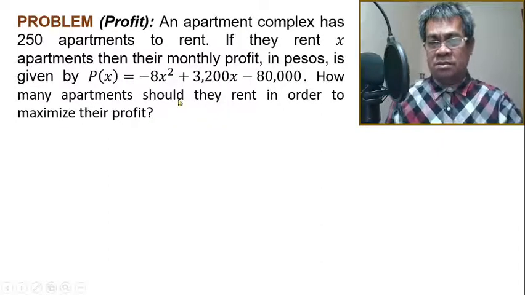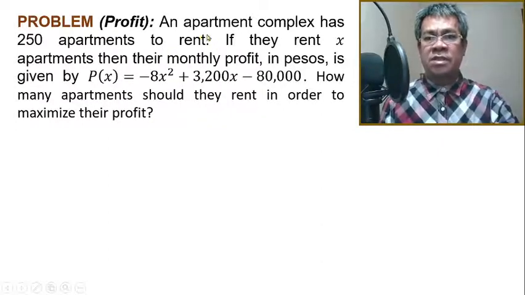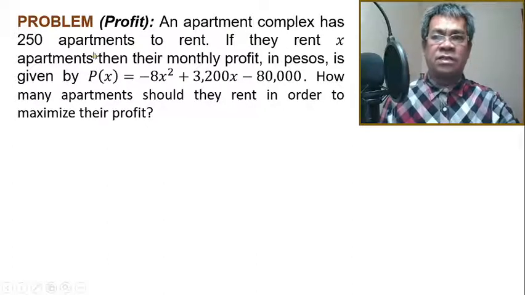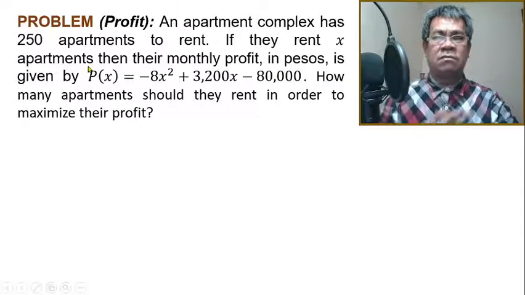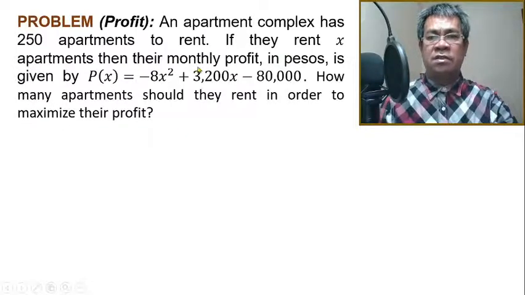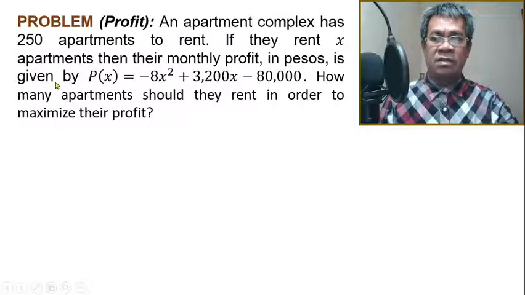Okay, let's start. The problem says that we have an apartment complex with 250 apartments to rent. If they rent x apartments, meaning the number of apartments is x, then their monthly profit in pesos will be given by a function.